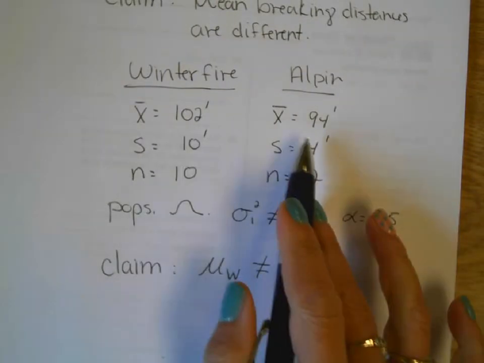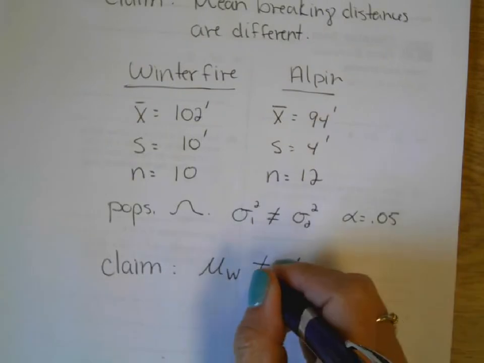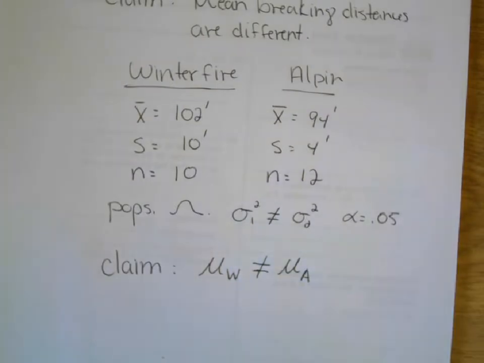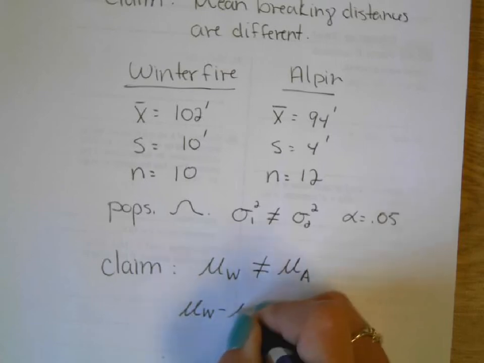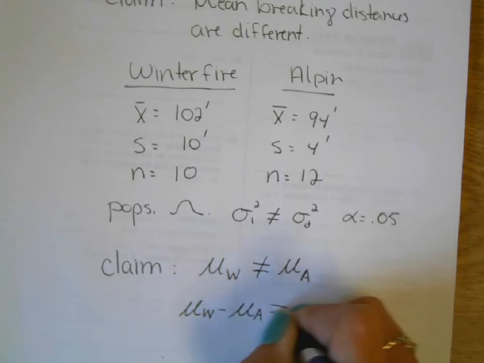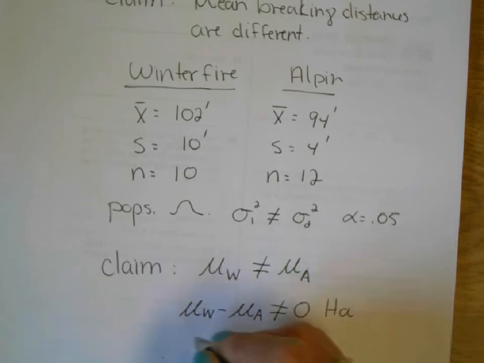Yes, we can see they're different, but is that difference significant? Or are they close enough to be in the normal curve where they're not considered different? So now as a subtraction, Winter Fire minus Alpen does not equal 0 as your Ha.